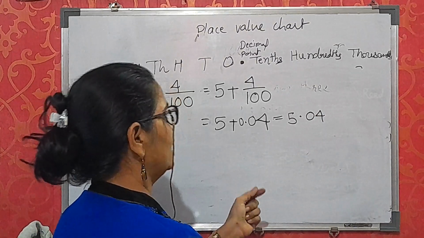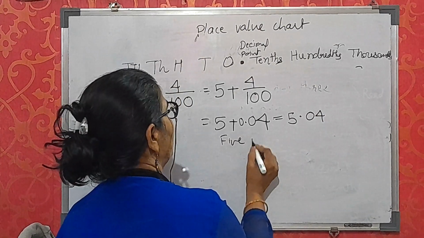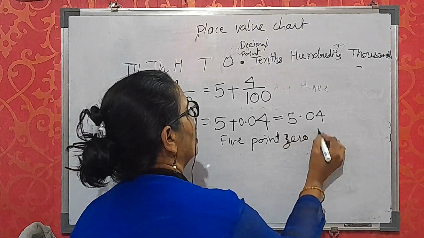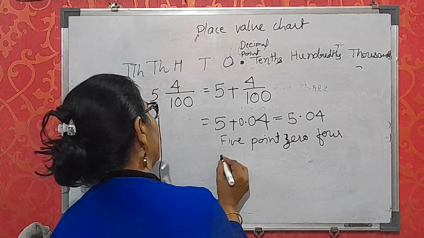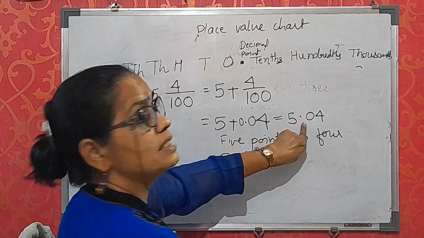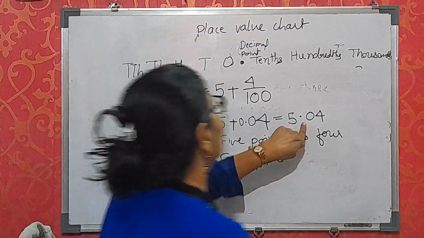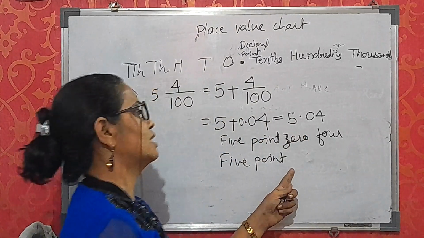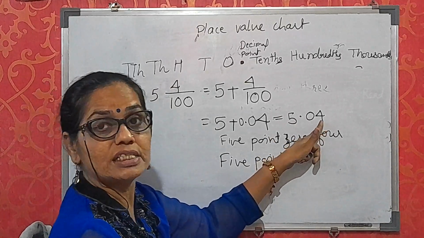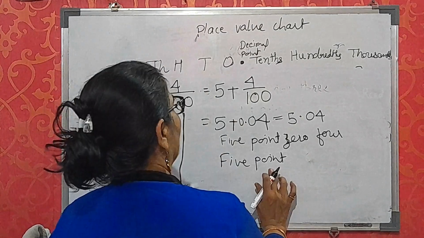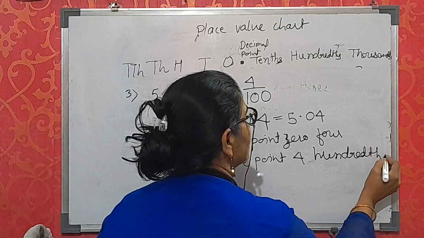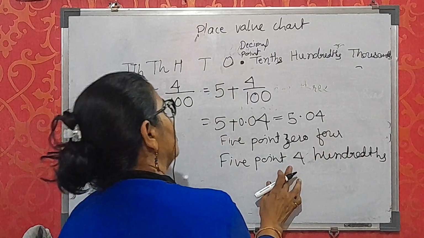Now how will you read this? It is 5.04 or else you can write this 5. Now in tenths place there is no number. So we cannot write. You can write 0 tenths, no issue. But no number, then I can directly write 4 is in hundredths place. So it is 5 and 4 hundredths, because there is no tenths place, so I have not written that.